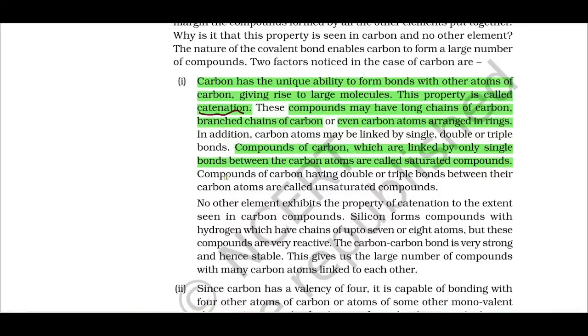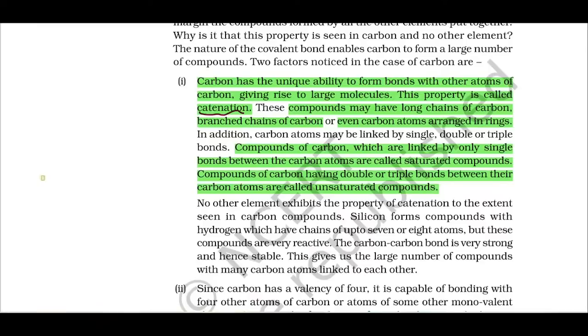Carbon compounds having double or triple bonds between the carbon atoms are called unsaturated. You should note that it is between the carbon atoms, not between a carbon atom and other elements. Only the bonding between carbon atoms is relevant here.